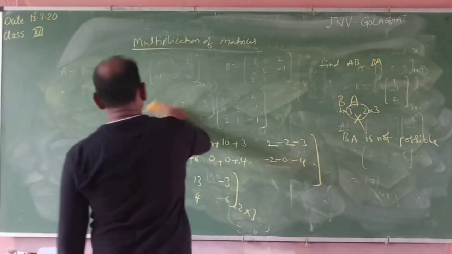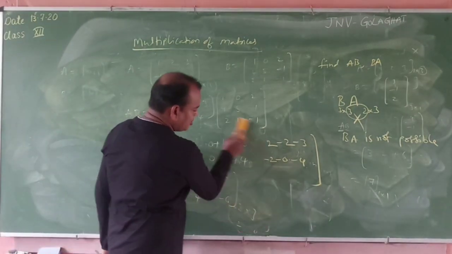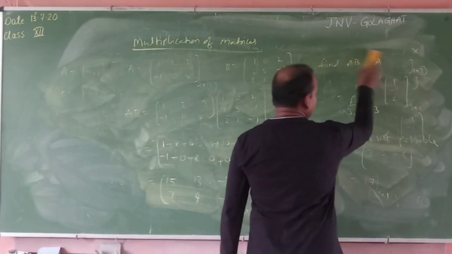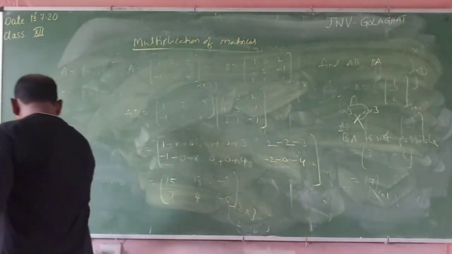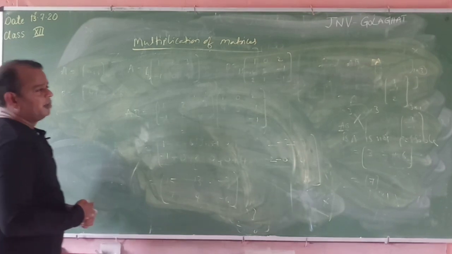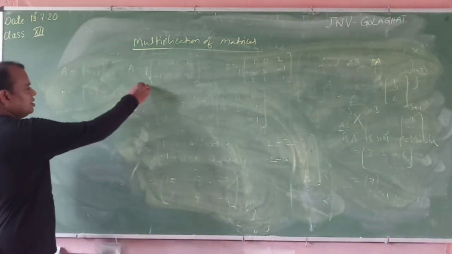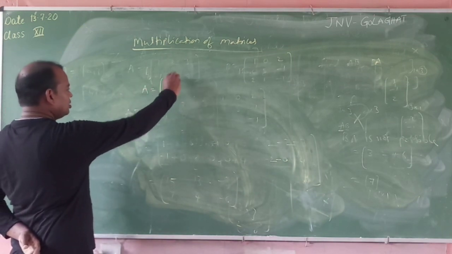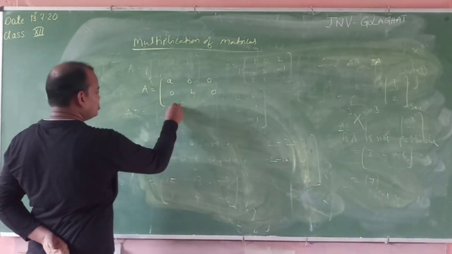If matrix A is not equal to 0, B is not equal to 0, but the product AB is equal to 0, BA not equal to 0. Now by using this multiplication of matrices, suppose A is given as A 0 0, 0 B 0, 0 0 C.